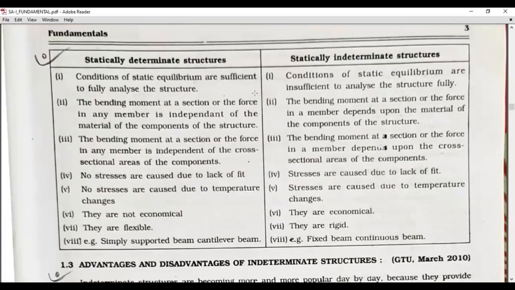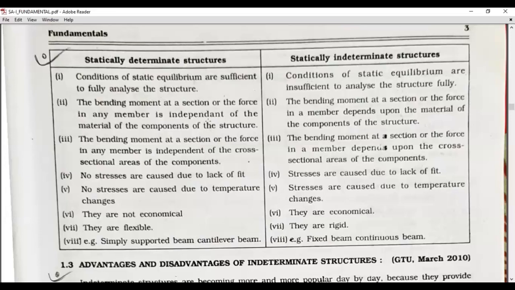There are differences between a statically determinate structure and a statically indeterminate structure. In a determinate structure, the conditions of static equilibrium are sufficient to fully analyze the structure. In an indeterminate structure, conditions of static equilibrium are insufficient to analyze the structure.